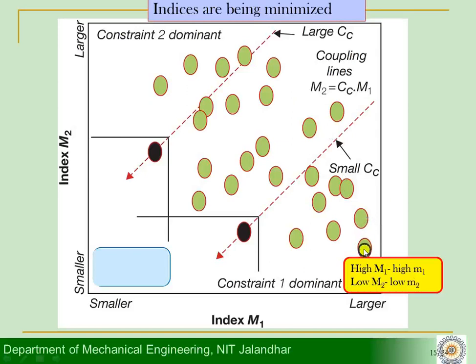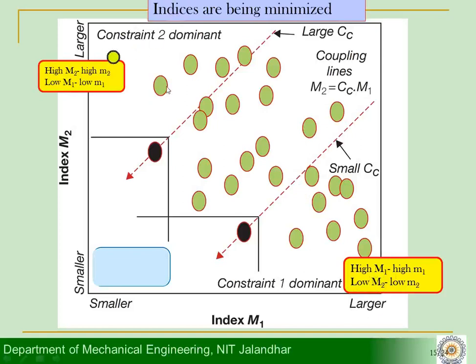So this solution will give you high M1 and also high mass, whereas the same solution gives you a low value of M2. That's what I write here, low M2, and accordingly it gives you a low mass for the second constraint. Which constraint is dominant? The dominant constraint is 1, because it is giving you a higher answer, and that is why you will select it.